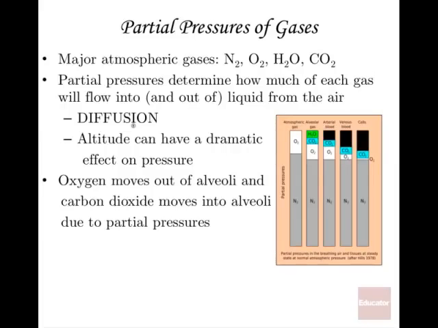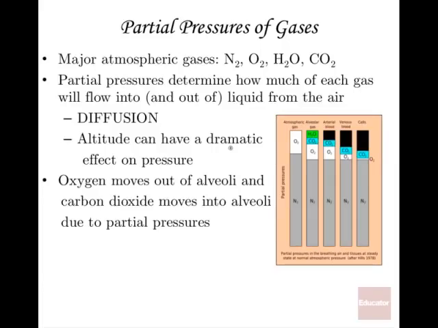If the pressure is higher here than here, the gas is going to go that way. And that just comes down to gas laws. It's going to drive gas to where there's less pressure. And of course, altitude can have a dramatic effect on pressure. The reason why some people get short of breath when they go high up in the altitude is because if you look at the atmospheric pressure and partial pressures of gases at sea level, there's a lot more oxygen in terms of the pressure and the amount of oxygen that's in the atmosphere at sea level.